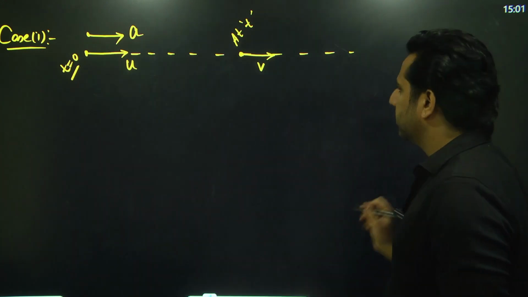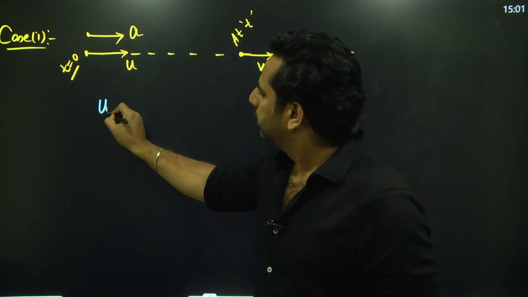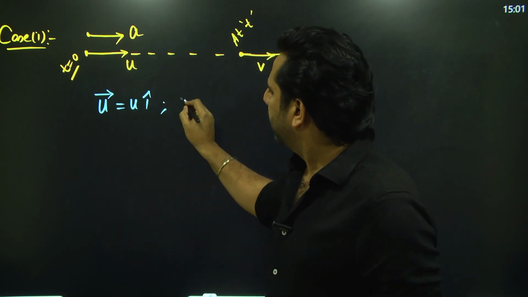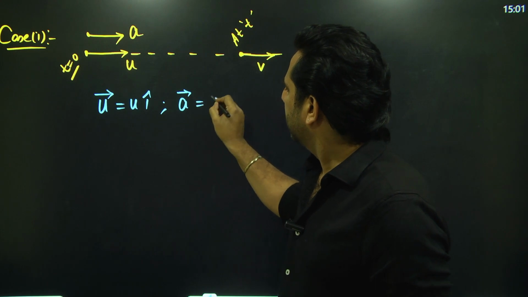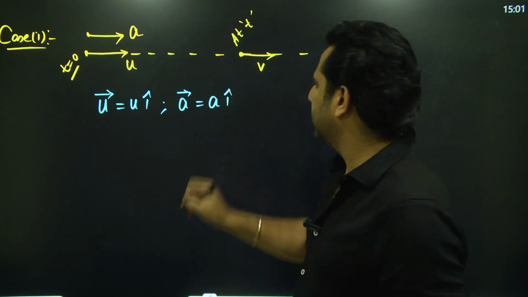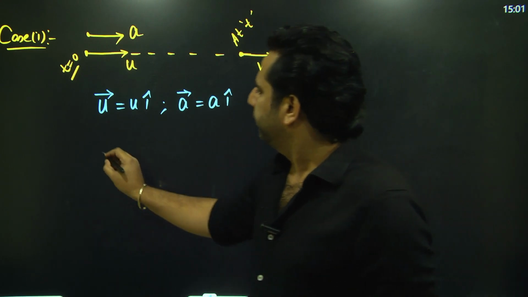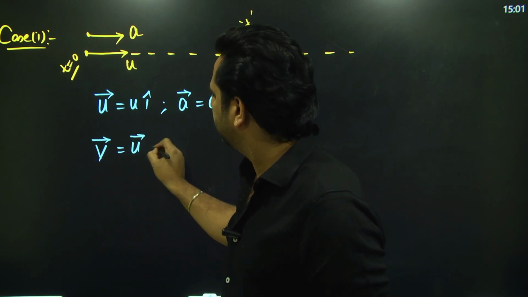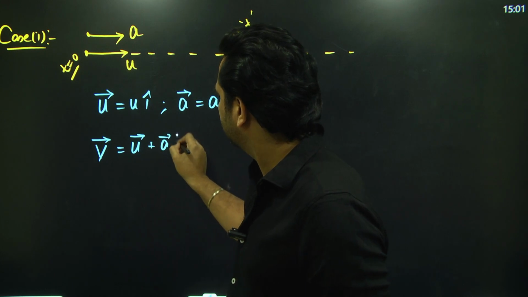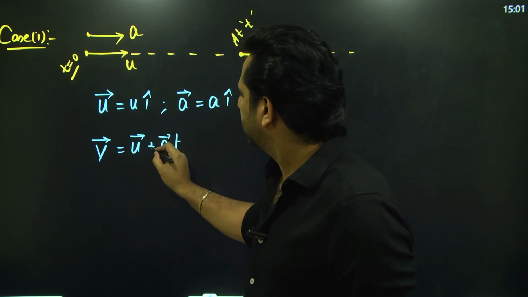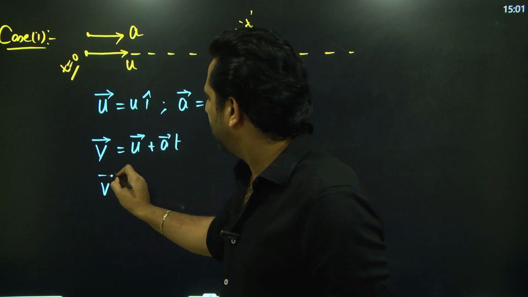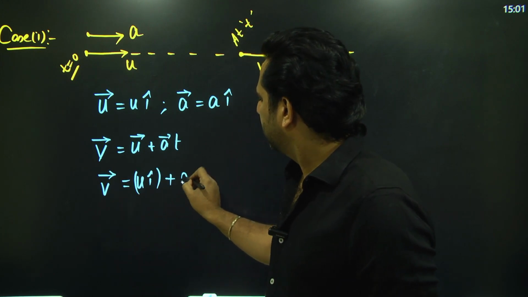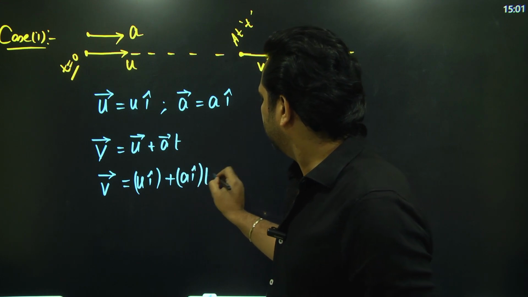Now u bar, the initial velocity, is u i cap, and acceleration vector a bar is of magnitude a along positive x-axis, that is a i cap. If we apply the basic equation of motion, v bar = u bar + a bar t, because acceleration is constant, then I end up with v bar = u i cap + a i cap into t.